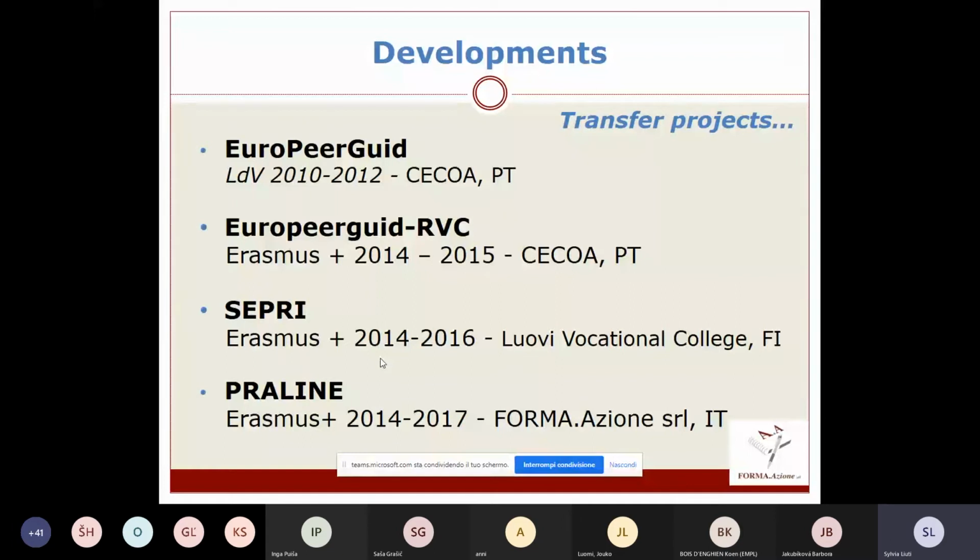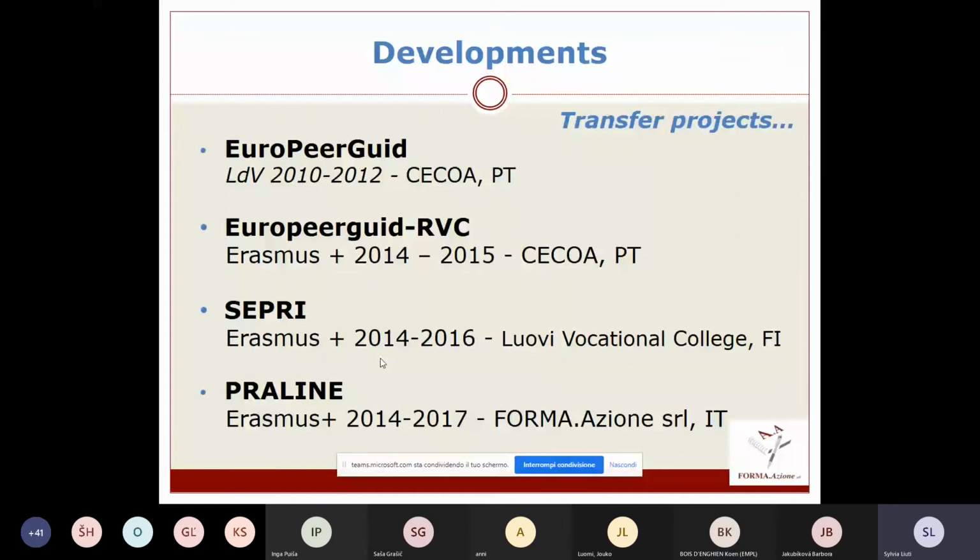This is something I feel the need for, because it is important, as I said at the beginning of my speech, to have a clear picture, to really start learning from what happened in those projects and to really go further. But what we found from these samples is that the peer review methodology could be very well adapted to different education domains.